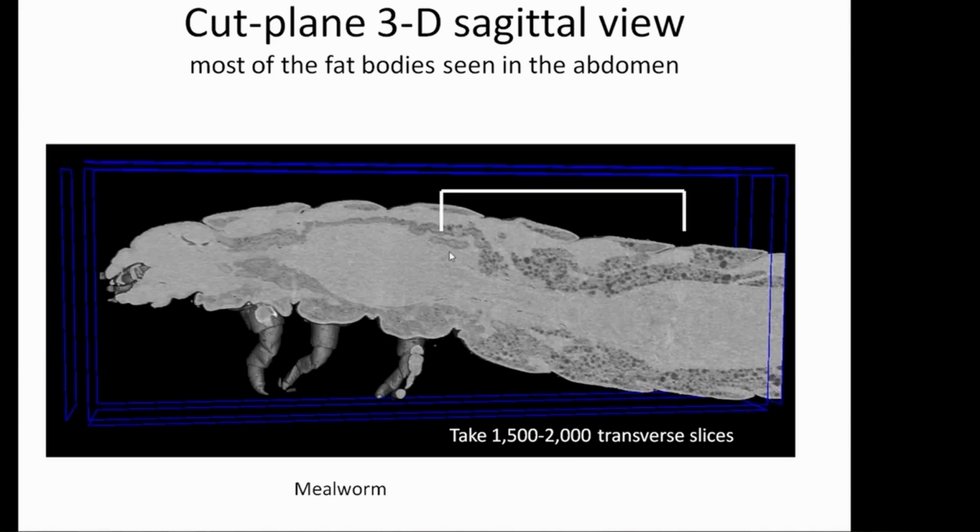Dr. Sturrock took transverse sections, about 2,000 sections between the end of the legs, if you like, and the beginning of the abdomen. You can see here all these low attenuation fat globules in the fat bodies, and here the guts.